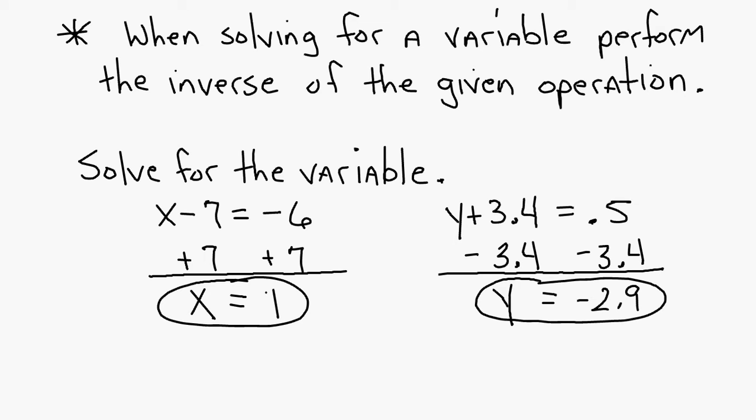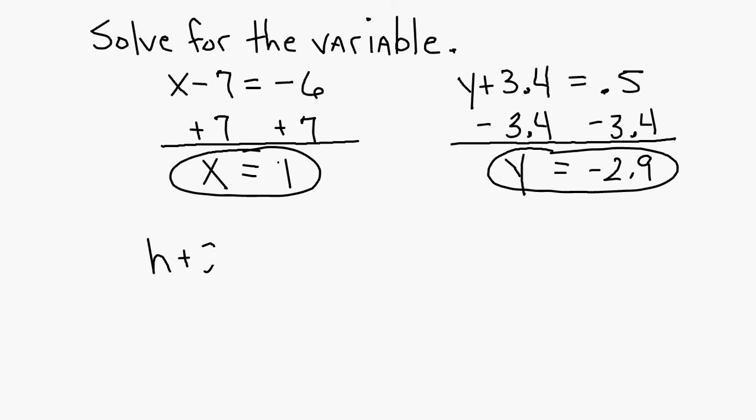All right, given h plus 2 pi equals 3 pi. We're solving for the h. What's the given operation? Addition. So what's the inverse? Subtraction. We're going to subtract 2 pi from each side.